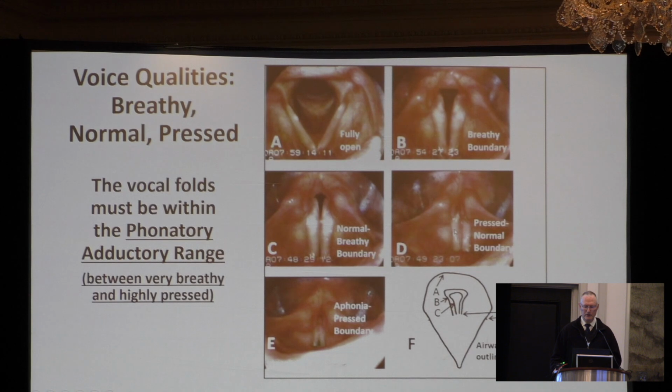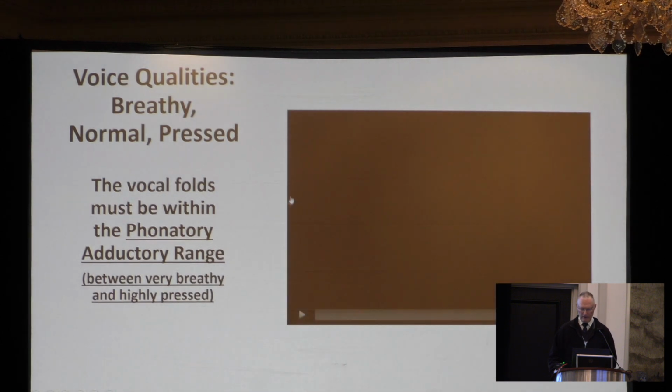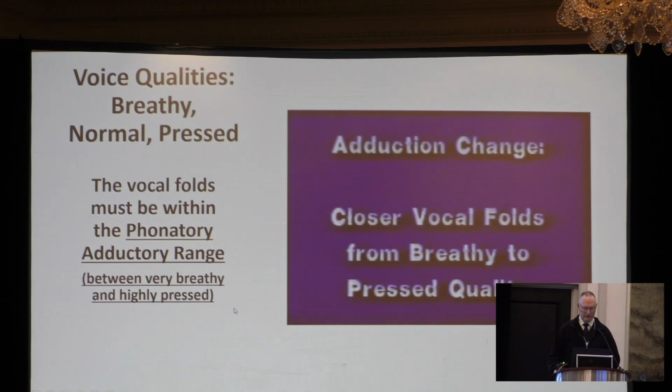Then there's more adduction, the pressed normal boundary. And if you hyperadduct, you can get aphonic, where you can't phonate at all. So there is this phonatory adductory range within which the vocal folds have to be in order to phonate. So let's take a look at breathing, normal breath.